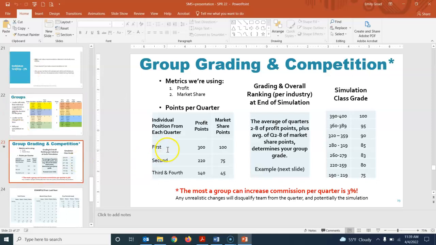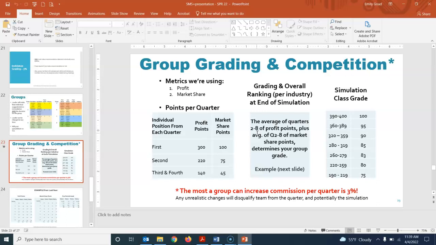Ranking you 1, 2, 3, 4, these are the points you'll get. It will be an average of the Q2 through Q8 profit points plus the average of the Q2 through Q8 market share points. And then this is the breakdown.